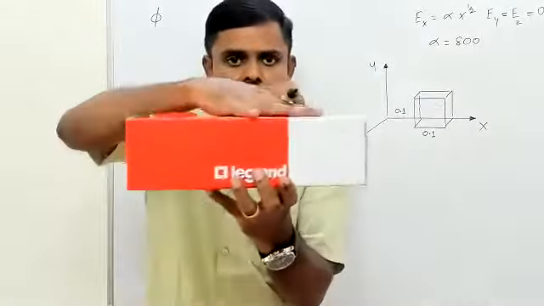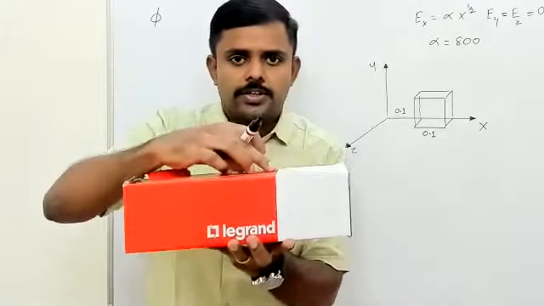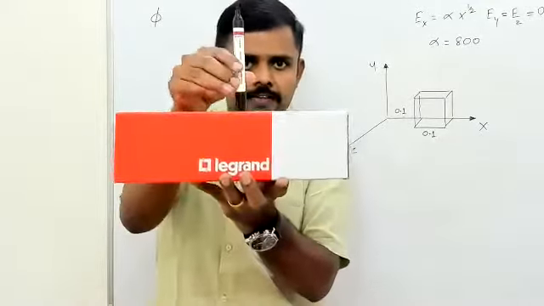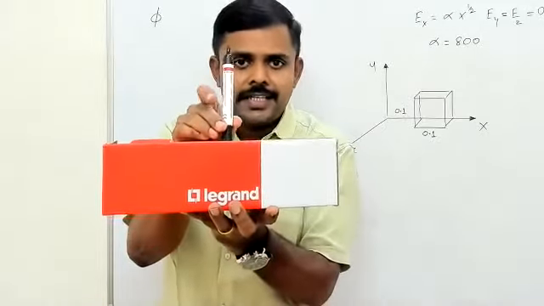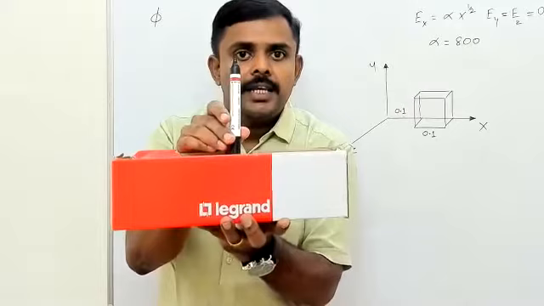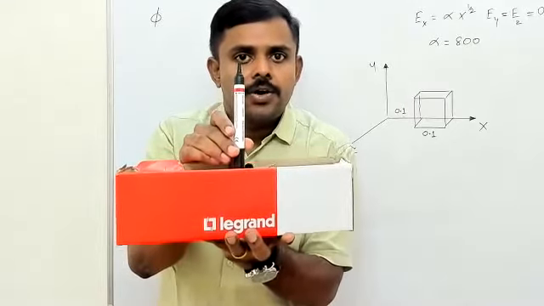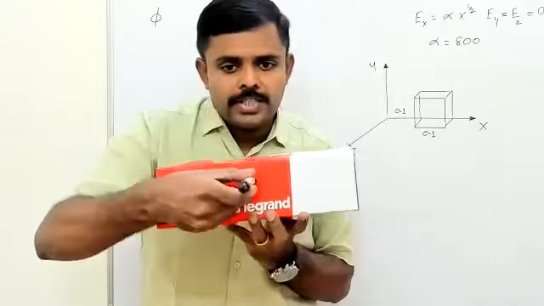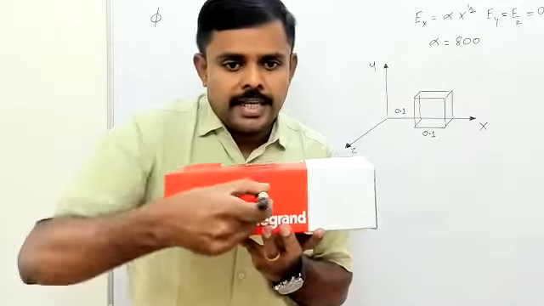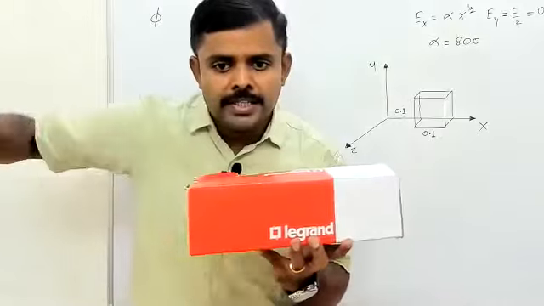And I take this surface, the top surface. What is the flux through the top surface? The area vector is perpendicular to it. What is theta? 90. So flux will be E ds cos 90. Cos 90 is 0. What is the flux through this surface? Again, the area vector is towards you. The field is in this direction.